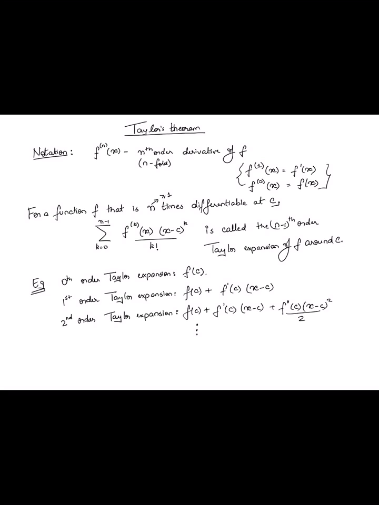So the second order Taylor expansion is in fact a quadratic in x. In general, the n-1th order Taylor expansion of f would be a polynomial of order n-1. So these different Taylor expansions can be thought of as polynomial approximations.